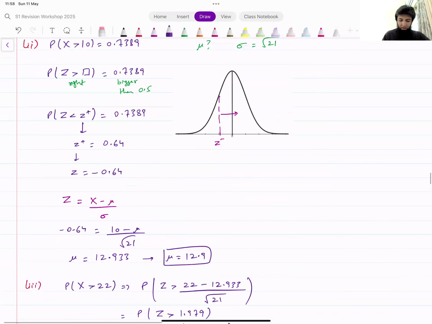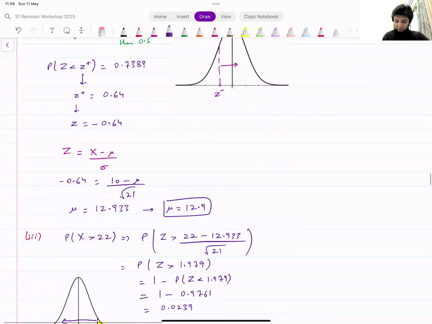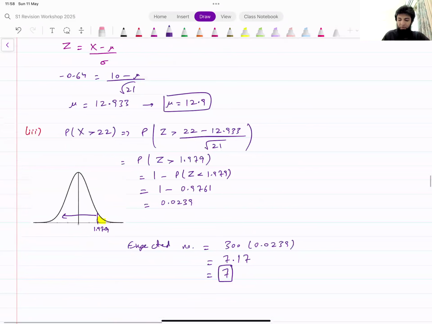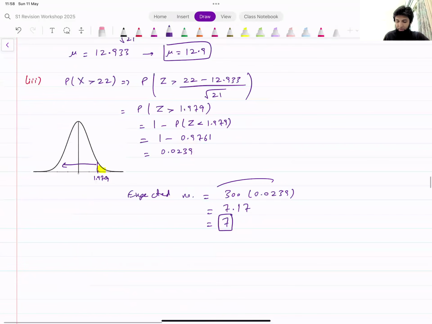But then, how many out of 300 observations would you expect to be greater than 22? This is the probability of one being greater than 22. You multiply this by the number of observations, that's 300 times that. This is what you would expect. It turns out to be a decimal value, but when you talk about the number of observations, that has to be an integer. So you round this off. This rounds off to 7.